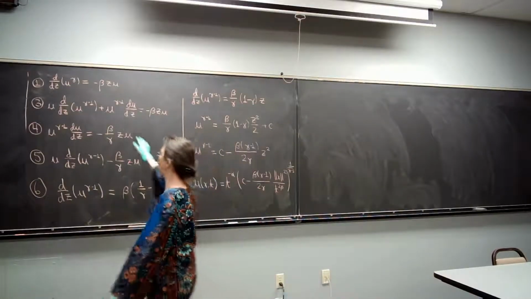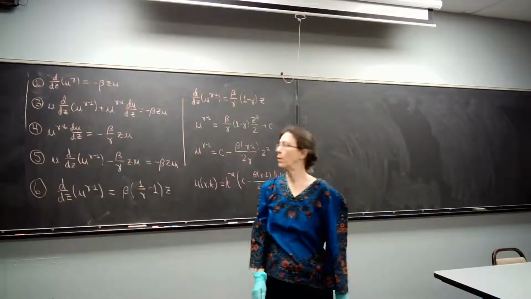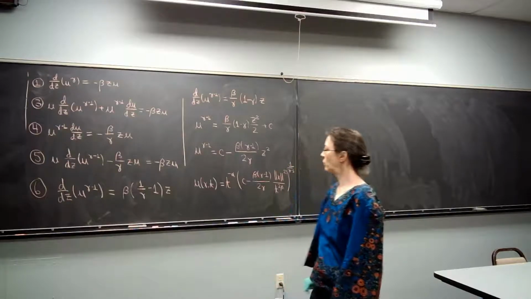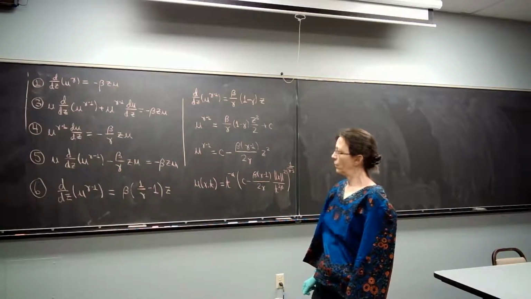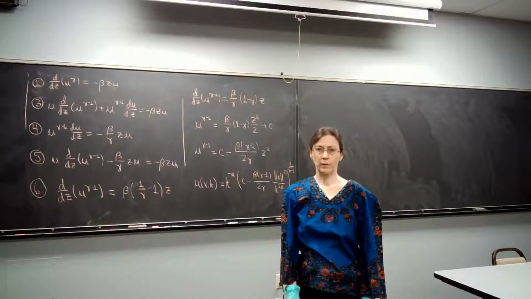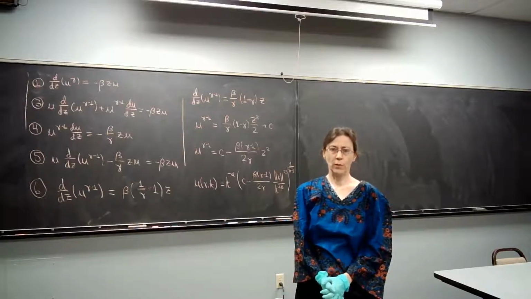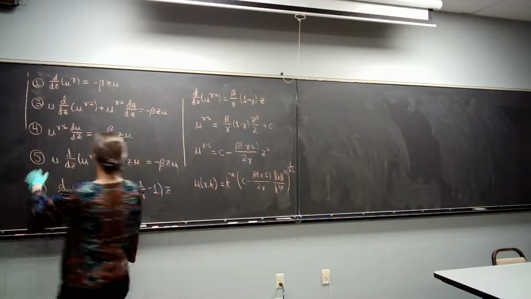Again, this is the first order ODE we're trying to solve. I put that term on the right-hand side. You remember that we split off one factor of u and rewrote the left-hand side, and this is what we get.